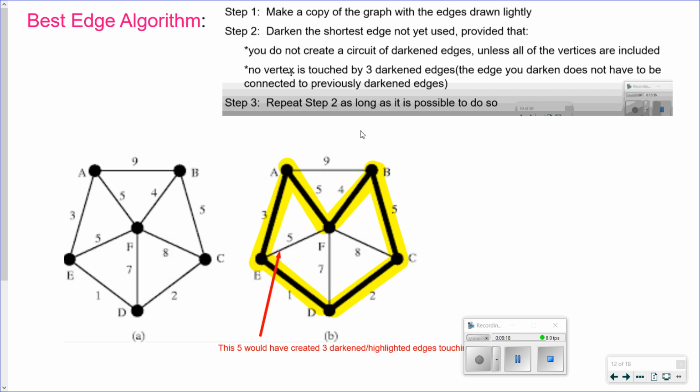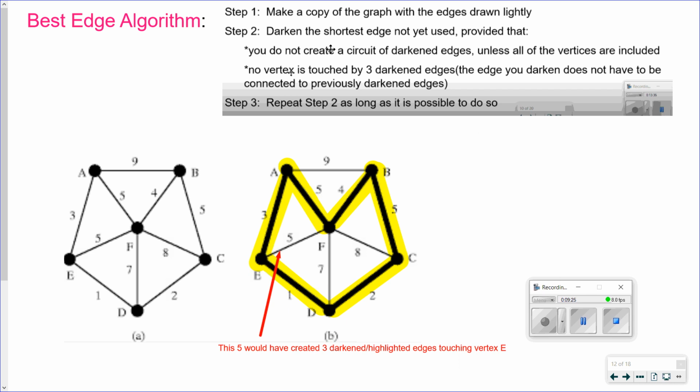Okay, so here's the step-by-step. I just copied and pasted from the previous video that we had done. It's a little more complicated than doing a minimum spanning tree, but you make a copy of the graph, with the edges drawn lightly. You can do that, or you can just work on highlighting them instead of dark.